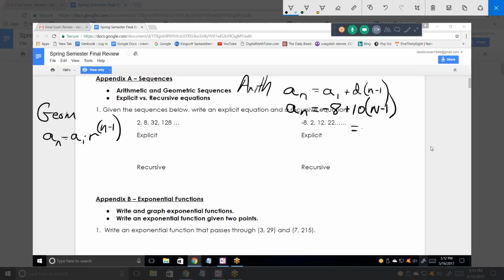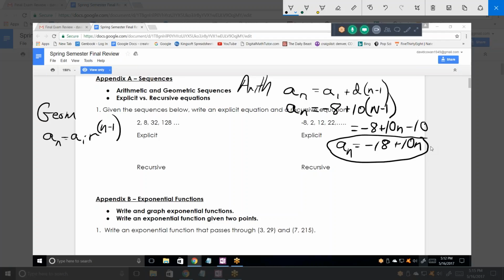So it's -8 plus 10n minus 10, which is minus 18 plus 10n. So that's the nth term of that. And that is what they mean by explicit, is always in this form, where it's a function of the first term, essentially.